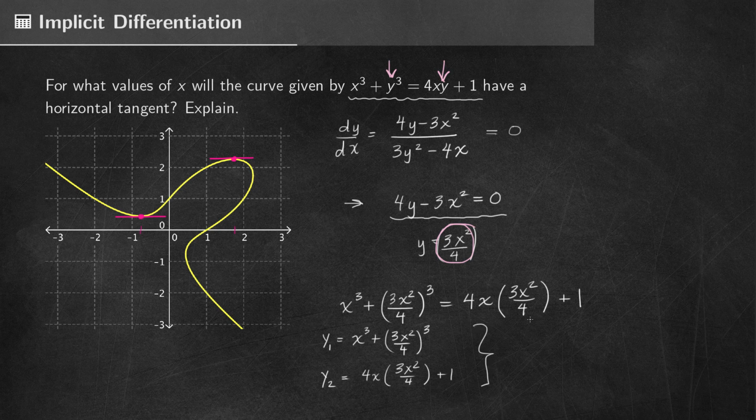Solving that equation, we get x equals negative 0.77 or x equals 1.732. And that is where we estimated our solutions to be. Negative 0.77 would be this x value here, and then 1.732 is this x value here.